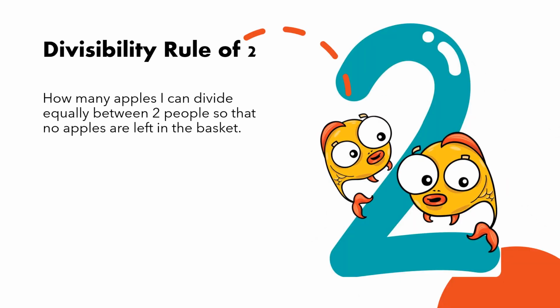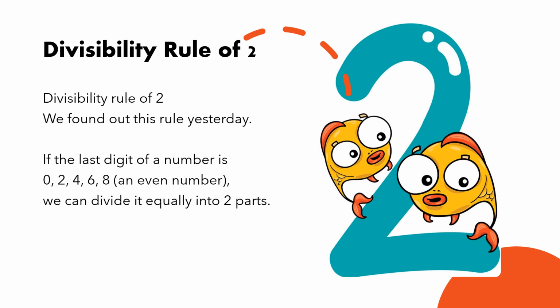The divisibility rule of 2. How many apples I can divide equally between 2 people so that no apples are left in the basket? So if we want to answer this question, we can answer it by the rules of divisibility. So what is the rule of divisibility? We already found this out in yesterday's lesson.